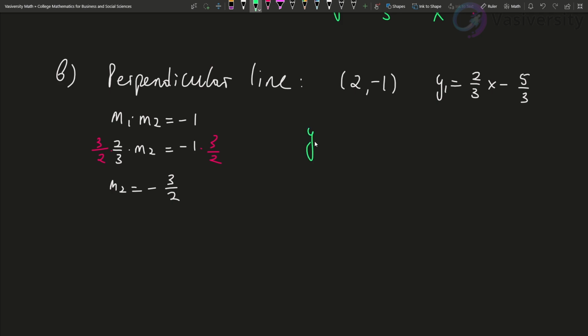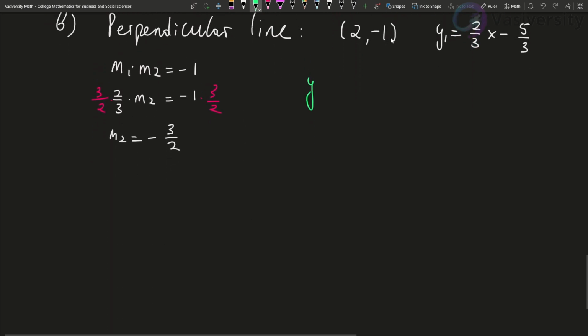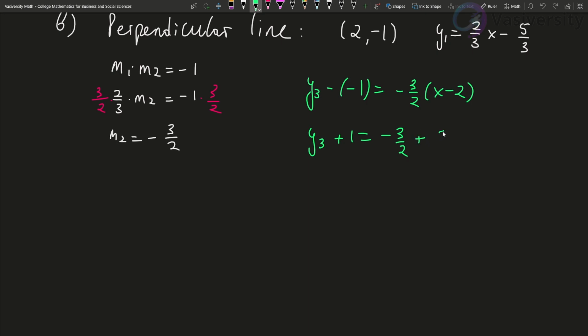I used y2 already, so it's going to be y3. y3 minus the y value, which is negative 1, is equal to negative 3/2 times x minus 2. So we have y3 plus 1 is equal to negative 3/2 x plus 3.